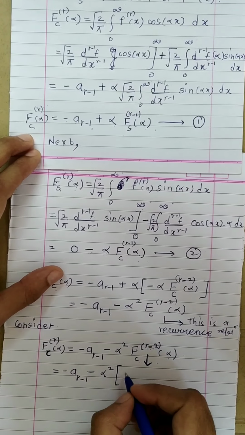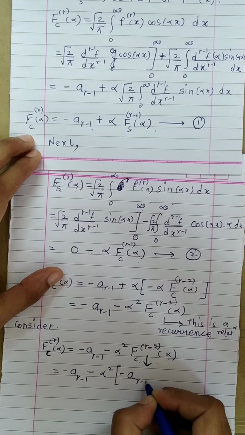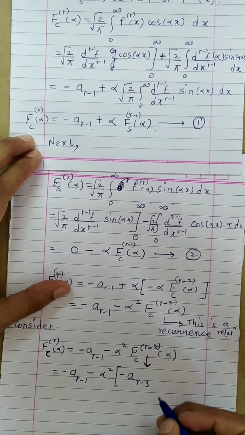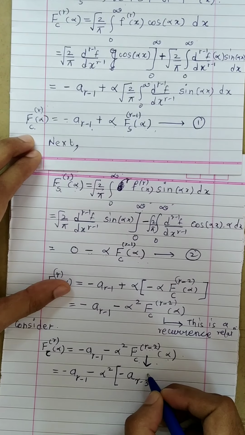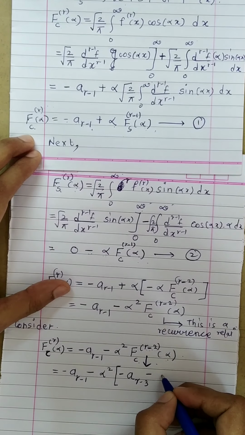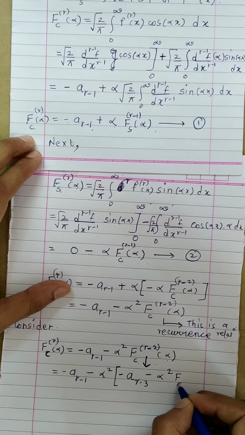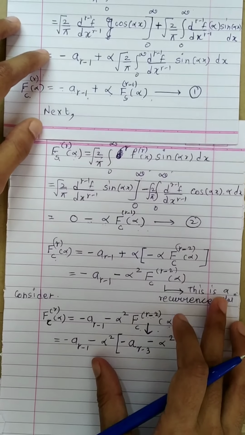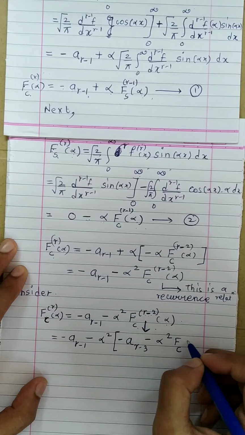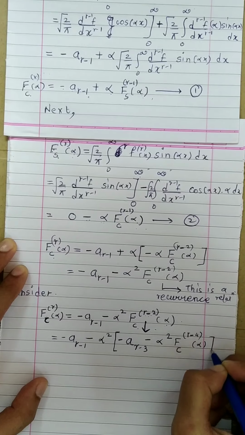So what we will get here is minus a r minus 3 minus this alpha into that alpha, which will become alpha square, into the Fourier cosine of r minus 4 of alpha.